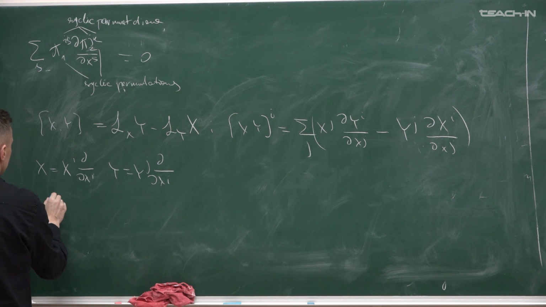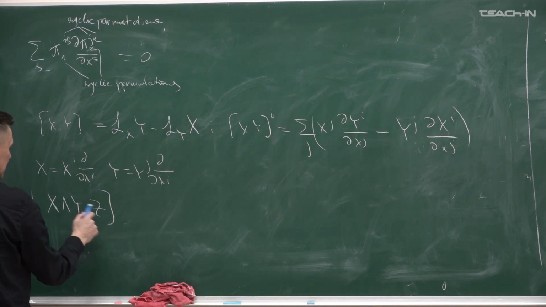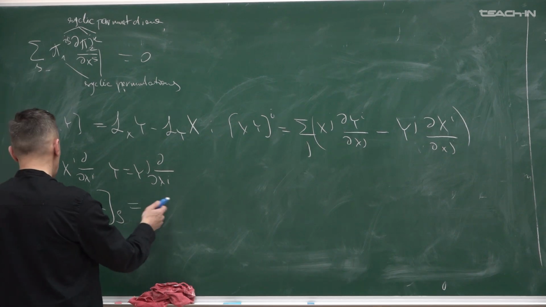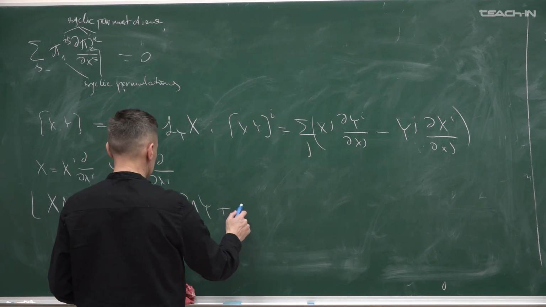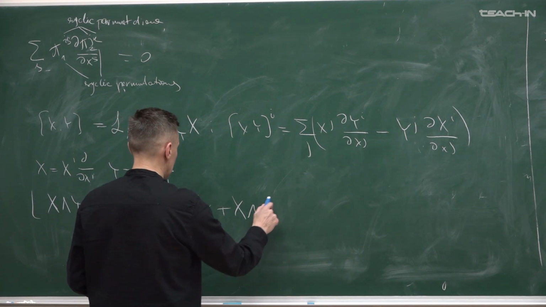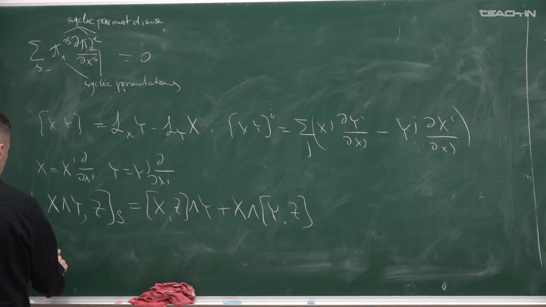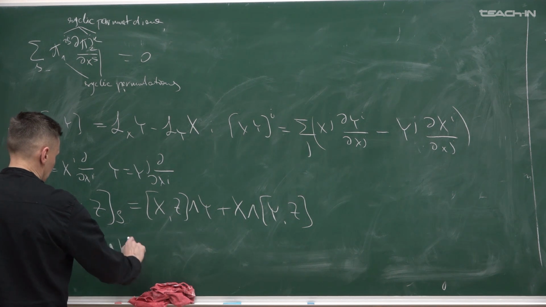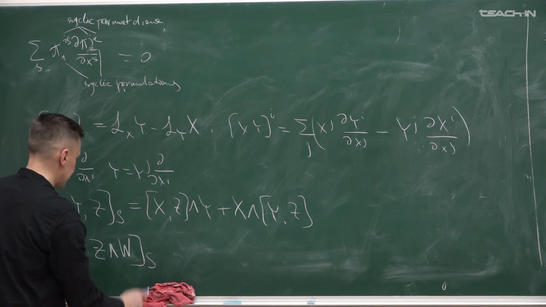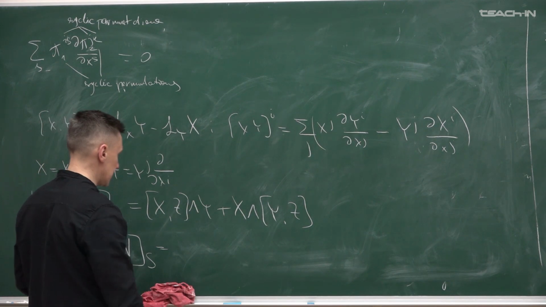So if, for example, we have a polyvector field like this, we can calculate its Schouten bracket just by the Leibniz rule, [X, Z∧Y] plus [X, Y]∧Z, and we will use this formula for decomposable bivectors just by induction.